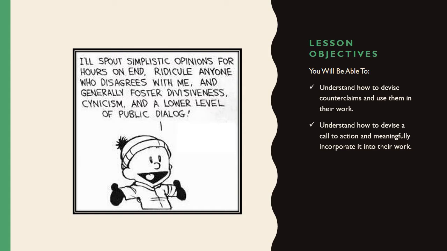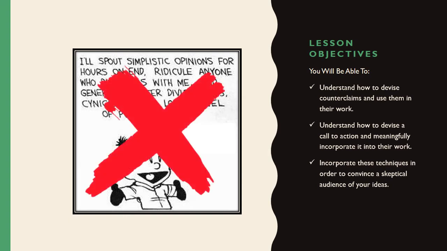And finally, our last objective is to incorporate these techniques in order to convince a skeptical audience of your ideas. Again, what we're going for here is a better way to talk to people rather than just to basically yell at them and call them stupid, which doesn't really work effectively to win arguments.